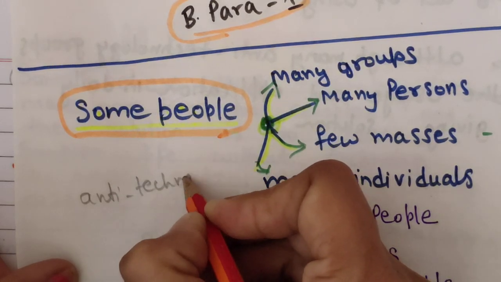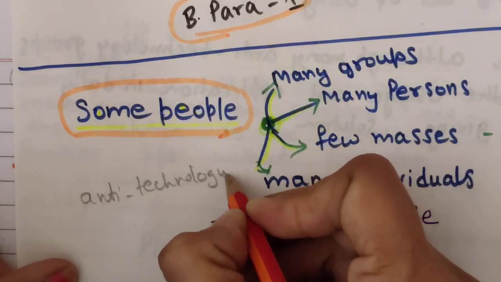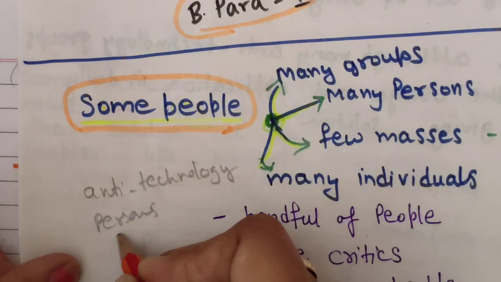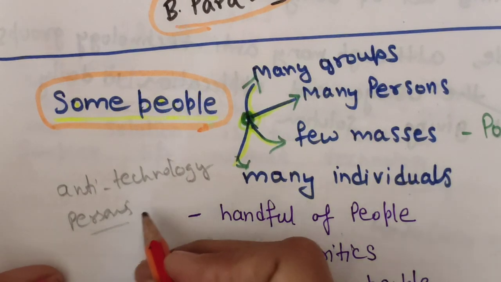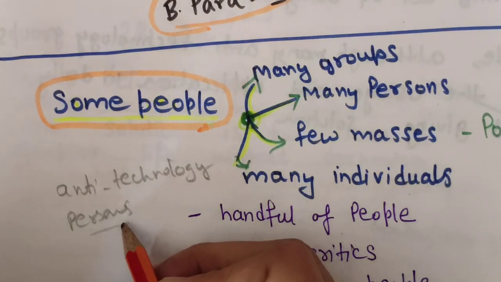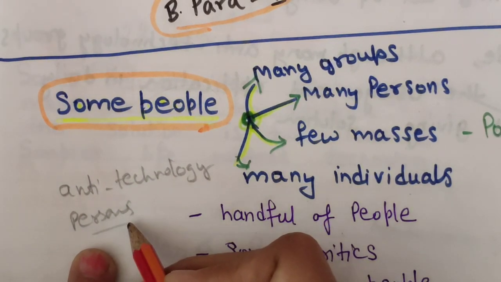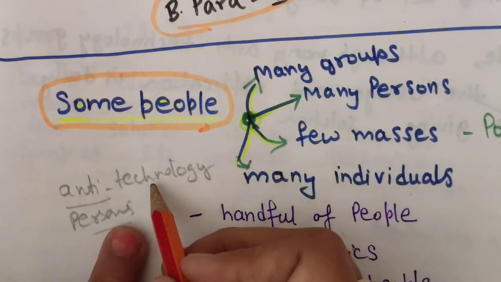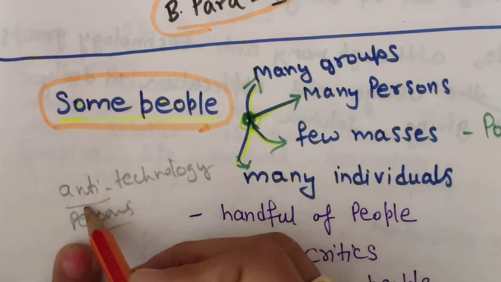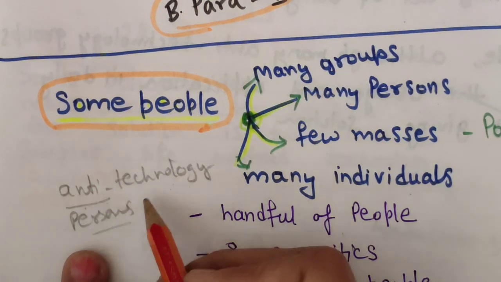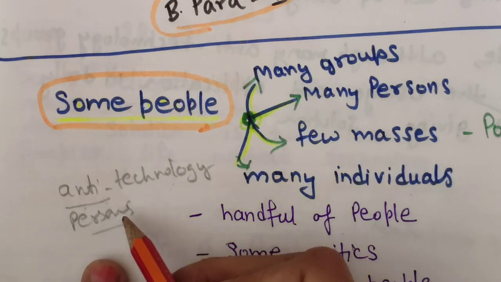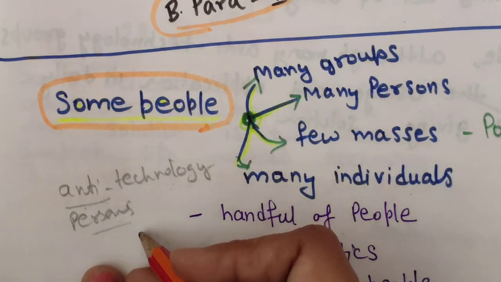Anti-technology people, anti-technology persons, and those who oppose using technology. The word 'anti' means he is opposing the usage of this technology. Anti-technology people, anti-technology persons, some group, those who avoid technology in life, you can use these words.